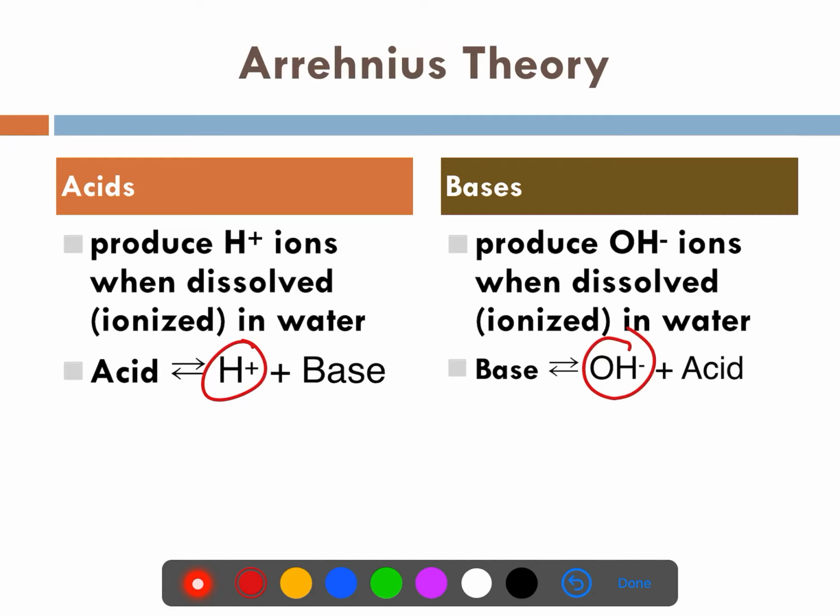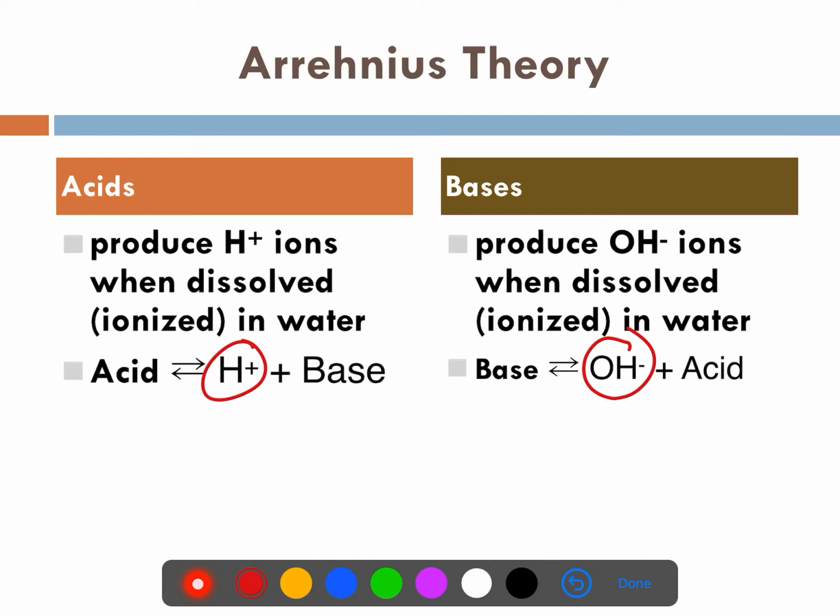Now, there are two other theories of acids and bases that developed after that, when they found things had the properties of acids and bases but didn't necessarily produce H+ or OH-. They developed other theories to go along with it. The Arrhenius theory isn't wrong. It's true that anything that produces H+ when dissolved in water is going to be an acid, and anything that produces OH- is going to be a base, but they're not the only acids and bases that are out there.